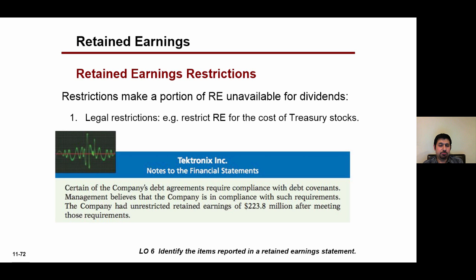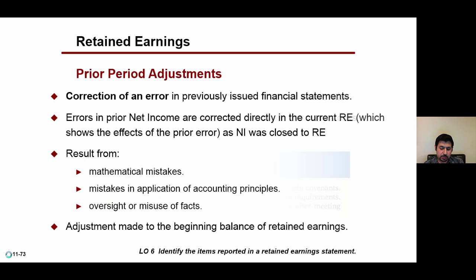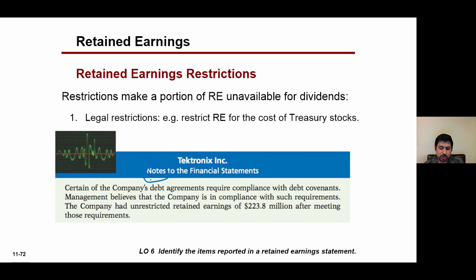So here, for example, this note shows the restrictions on the retained earnings. Here the company says, for example, that certain of the company's debt agreements require compliance with debt covenants. Management believes that the company is in compliance with such requirements, so the unrestricted retained earnings are 223.8 million after meeting those requirements.